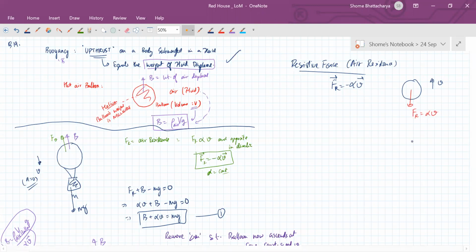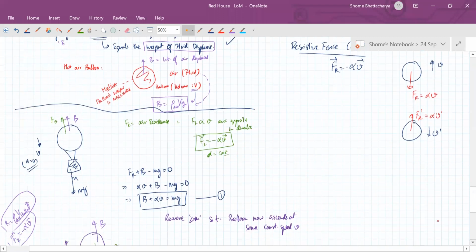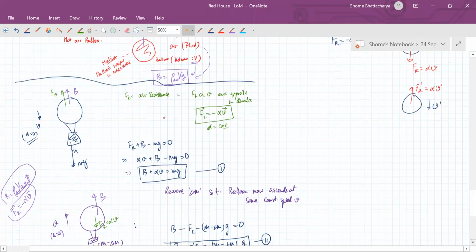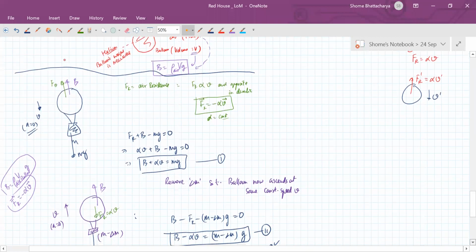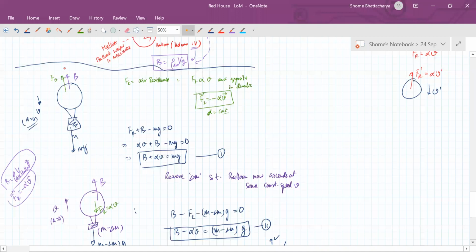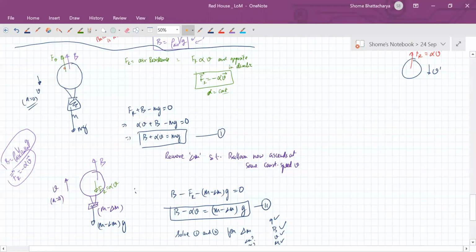If the balloon is going down with a speed V prime, let's say, then the resistive force is alpha V prime but upwards. Remember, when in a diagram you're already showing the direction of the vector, you should not put the magnitude of a vector with a minus sign in the equation. That's a very bad mistake to make. In these equations, these are all magnitudes of vectors. The direction is already shown by the arrow's direction. So don't put a double negative. That arrow is also in the correct direction, but then you add a minus sign in the magnitude. That's incorrect.